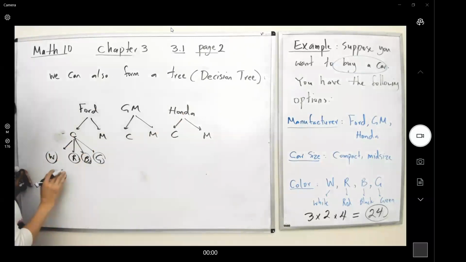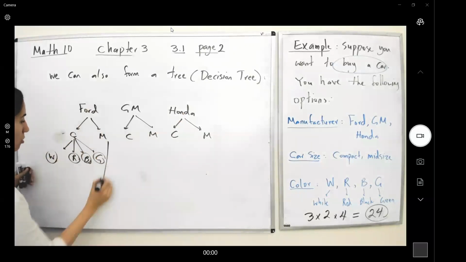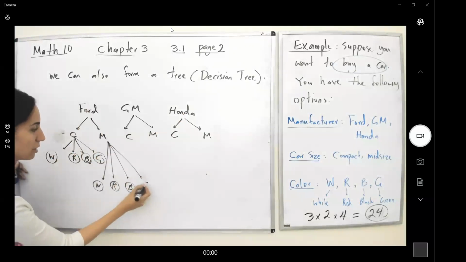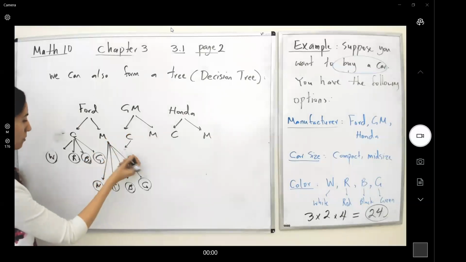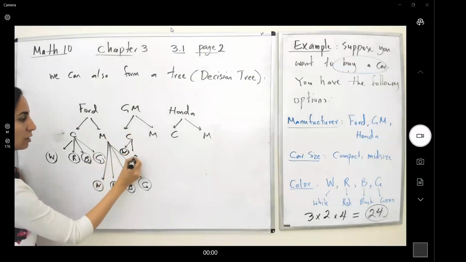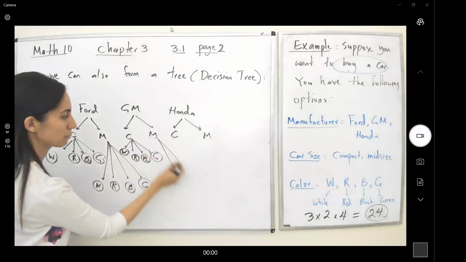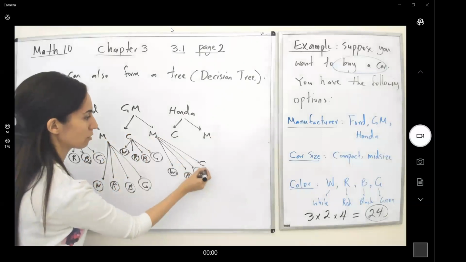You have the same 4 options for the mid-size Ford. So here you have white, red, black, and green. The colors. The same for GM. White, red, black, green.